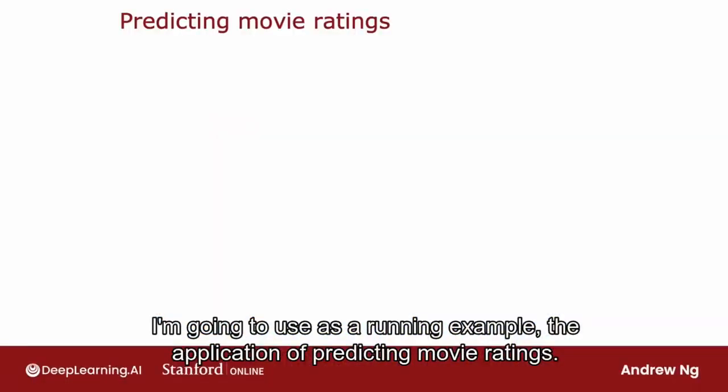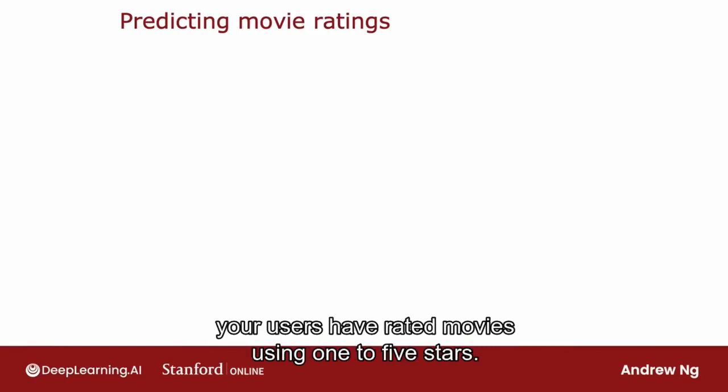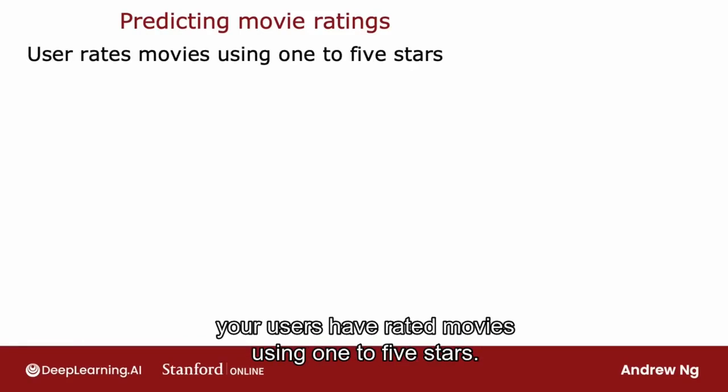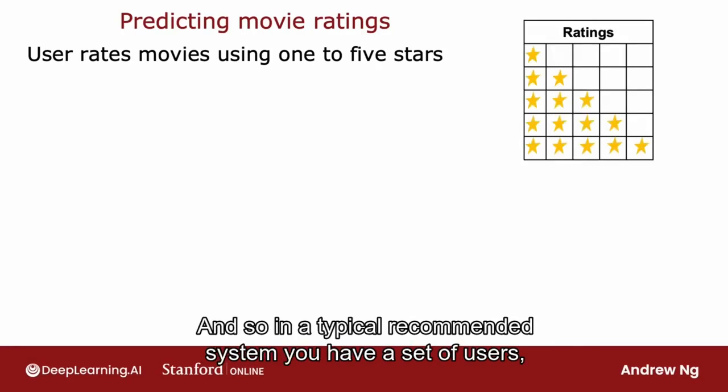I'm going to use as a running example the application of predicting movie ratings. So say you run a large movie streaming website and your users have rated movies using 1 to 5 stars. And so in a typical recommender system, you have a set of users here.